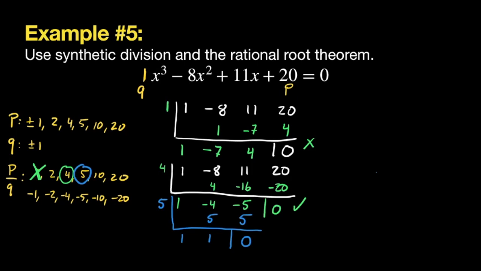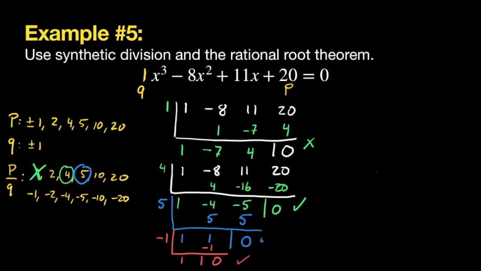And the next number that we're going to try is going to be negative 1. So we tried 1, but we haven't tried negative 1. So we're going to put negative 1. 1 times negative 1 gives us negative 1, and we get 0. So this one also works.